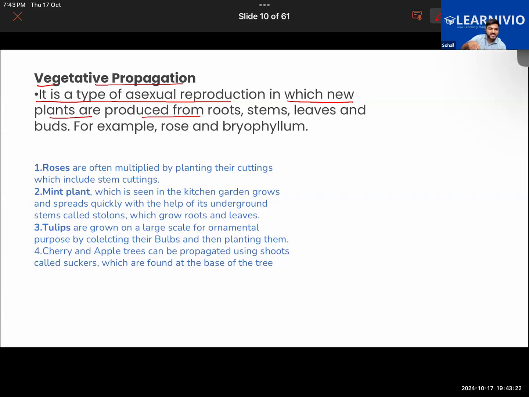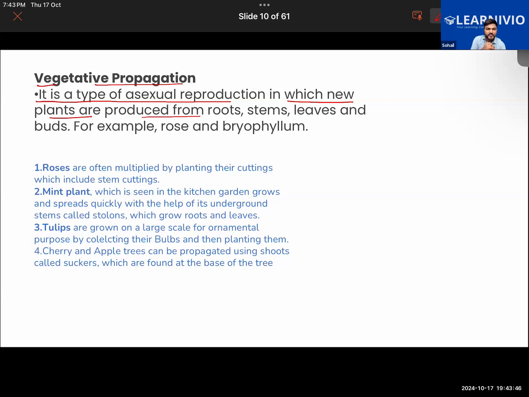So when new plants grow with the help of the vegetative parts, that method will be called vegetative propagation. And it's a type of asexual reproduction in which fertilization or pollination is not taking place, where male gametes and female gametes fuse. Exactly, they are not fusing here.